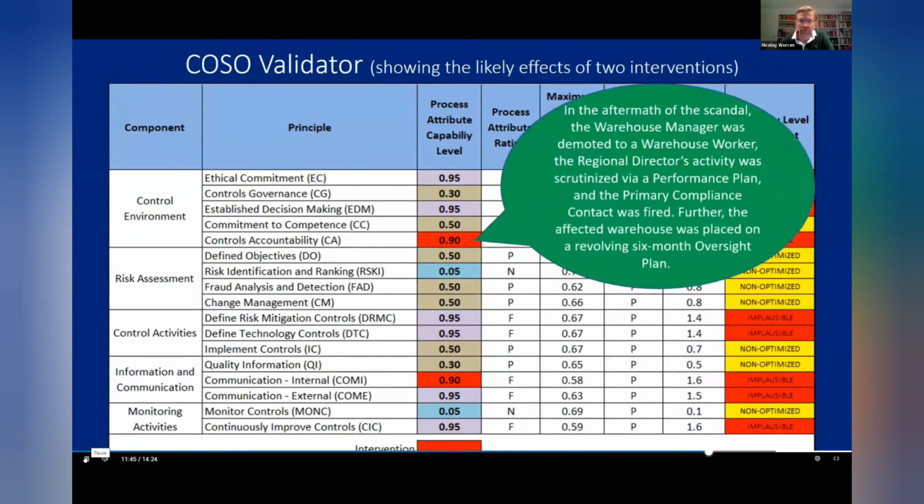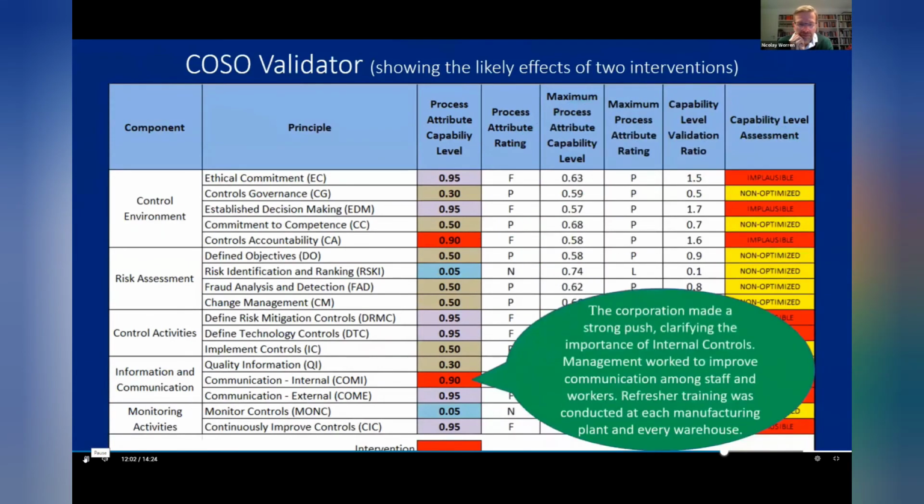After discovering the employee misconduct, the firm invested $325,000 to improve their execution of 2 principles. Controls accountability. Look at all the actions taken in that green bubble. Also, internal communication, a significant push by the company.